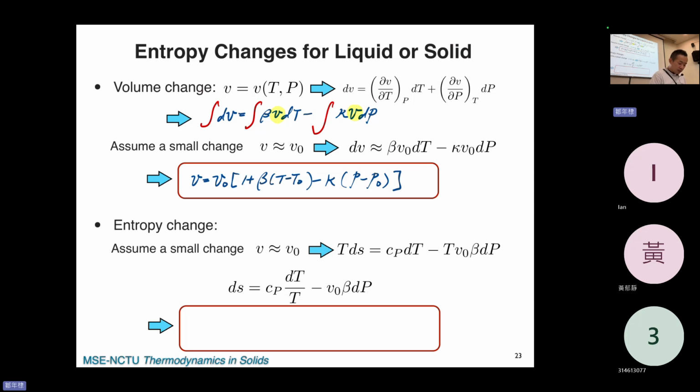Okay, and because you have the volume change, you can use that to determine further the entropy change. So as soon as there is a small change like this, you substitute into the TdS equation 2, okay? You see the entropy.